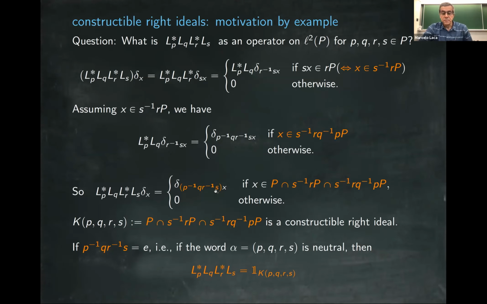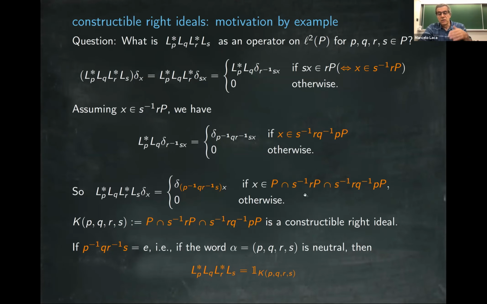So all in all, you get that the original operator LP star, LQ, LR star, LS, delta X is simply multiplication by this group element, P inverse Q, R inverse S times X, provided that X was in the set P intersection S inverse R P intersection S inverse R Q inverse P. Because every time you want to backtrack, there's a cutoff.